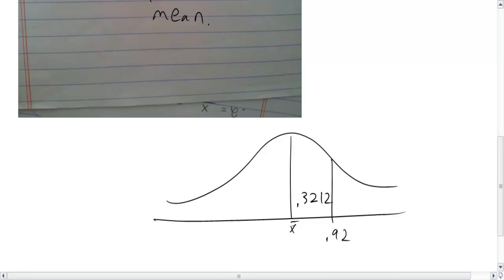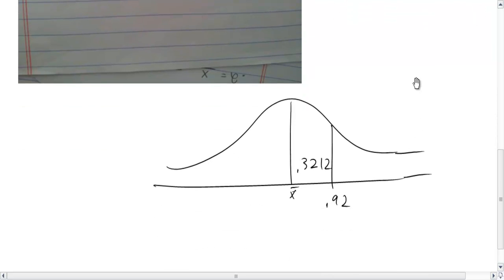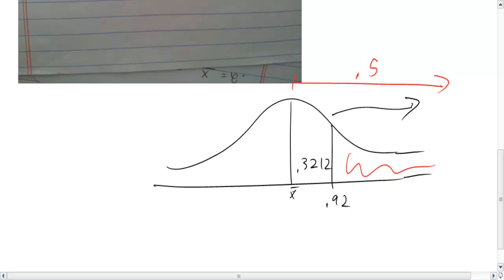So now the question here is, if we understand that the normal curve covers 100% of the data, or the probability of being under the curve is 1, you're going to have some value, and we want to know how many people are from here and up. Well, if the mean from here and up is half, 0.5, how would you figure out what's in this area down here?